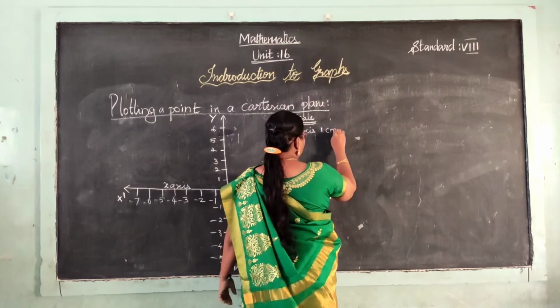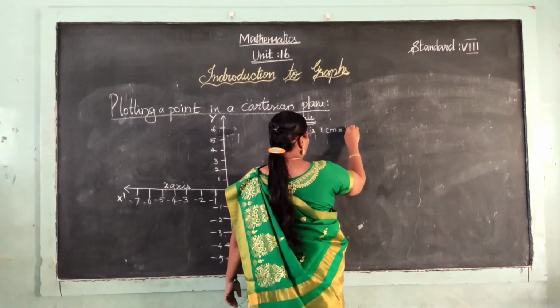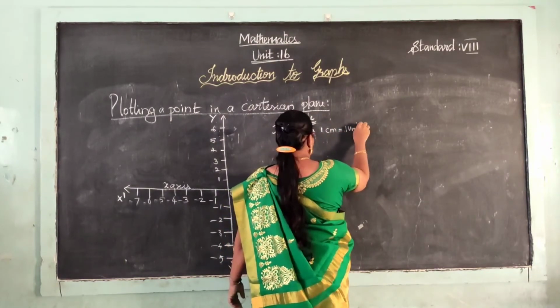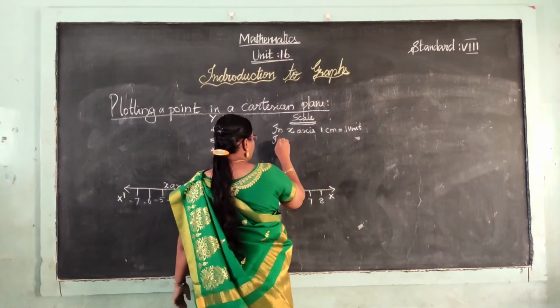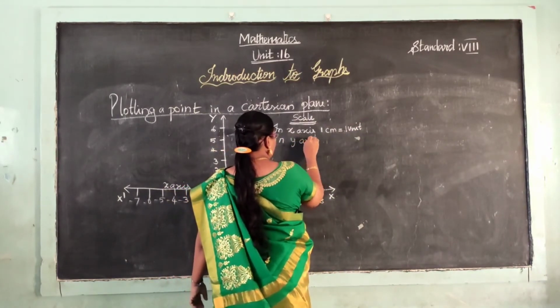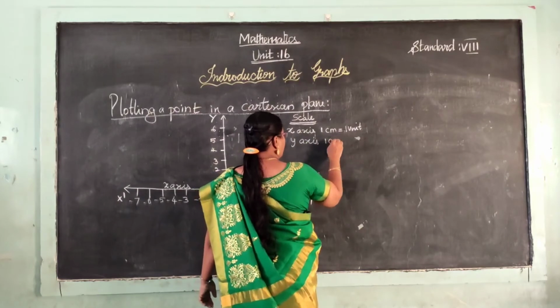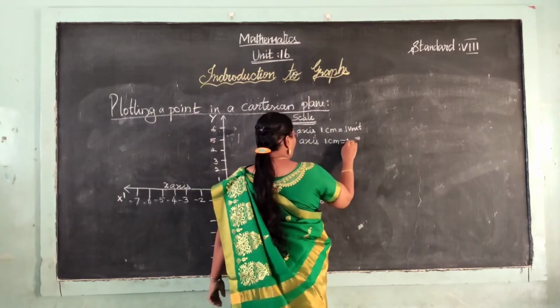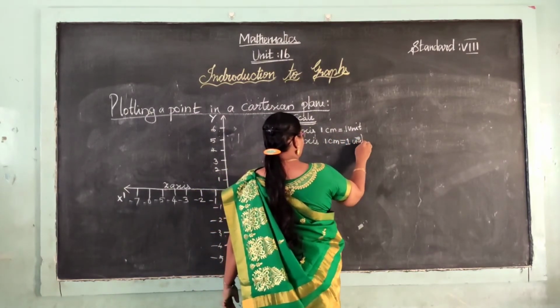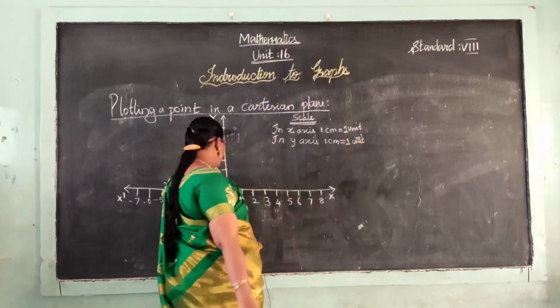1 centimeter is equal to 1 unit. In the y-axis, 1 centimeter is equal to 1 unit. Here we have considered only one unit.